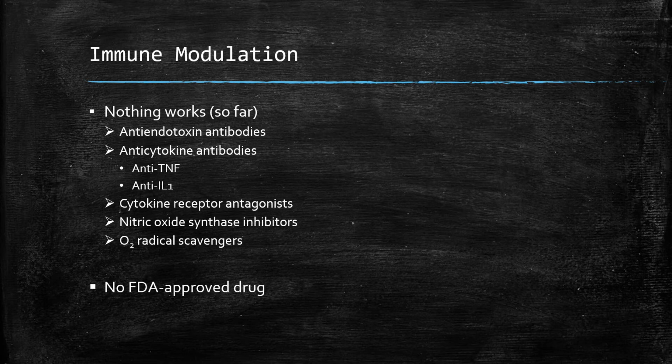There have been numerous clinical trials that have studied the roles of anti-endotoxin antibodies, anti-cytokine antibodies, cytokine receptor antagonists, etc. And so far, at least, there is no FDA-approved drug that will downregulate the overactive immune response that we see in the septic patient.